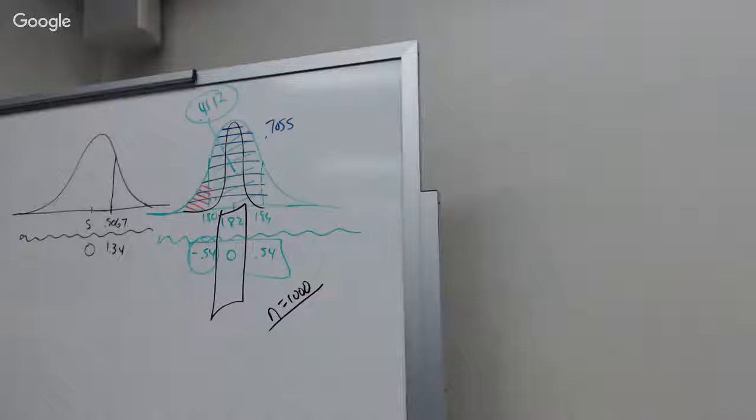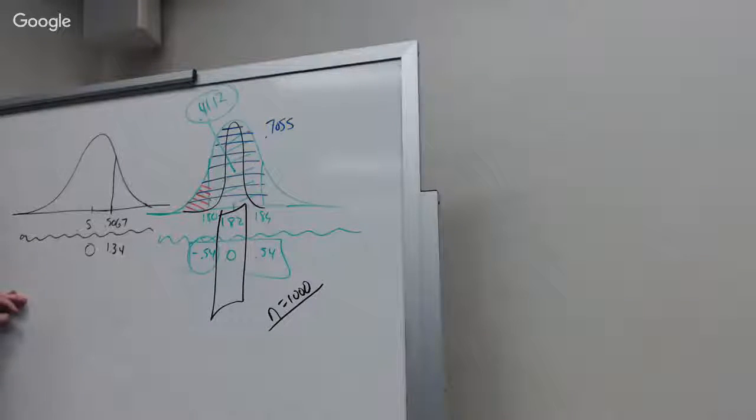Okay, now my question to you is, do I want to shade the area to the left or to the right? If it's to the left, it's going to say it's a fair coin. If it's to the right, it's going to say it's an unfair coin, right? Do I want to know if it's a fair coin or if it's an unfair coin? We want to know if it's unfair, right?